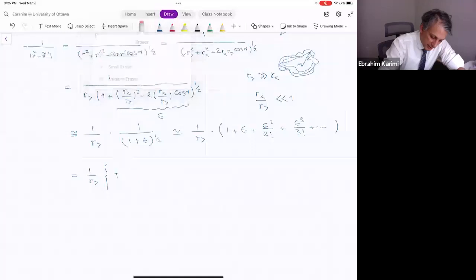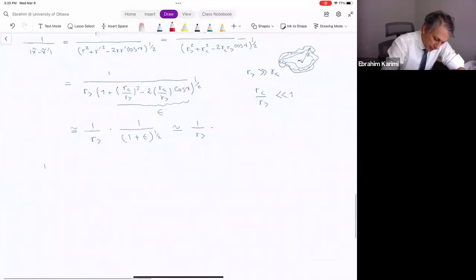I think there is a mistake in the expansions. That is true for the exponential. It's not true for that. Let me do that. So it's 1 plus epsilon to the power of n. So that will be 1 plus n epsilon plus n times n minus 1 divided by 2 factorial, epsilon to the power of 2, plus the other terms.